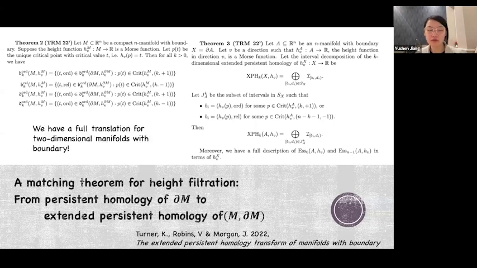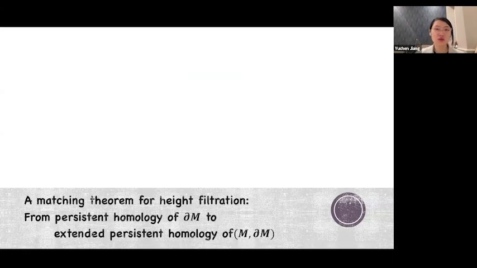And this will make the computation very easy and allow us to do shape analysis, where TDA shines. I'm not going to go into the details of these theorems or their proofs, and you can find the details in this 2022 paper by Katharine Turner, Vanessa Robins, and James Morgan. Instead, I'm going to revisit the example that we saw earlier with the snails.